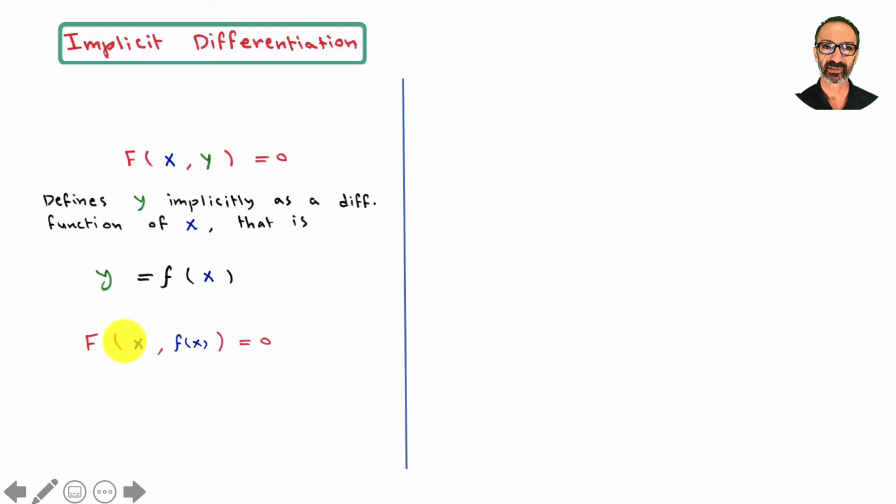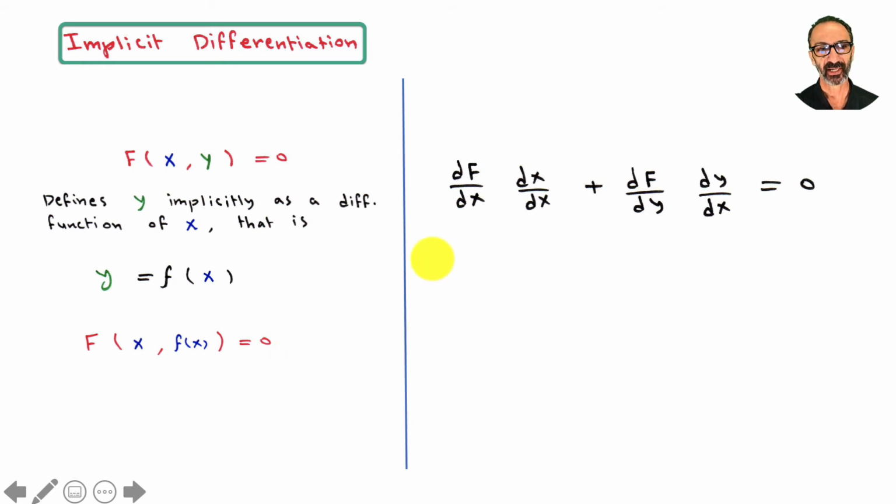We could write this f of x, f of x equals 0. Now we have the following: df dx, dx dx, because we don't have t now or s, plus df dy dy dx equals 0. But here, if you look at this one right here, that's a 1.